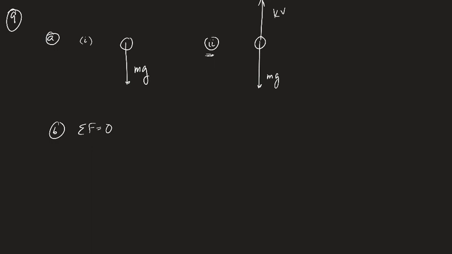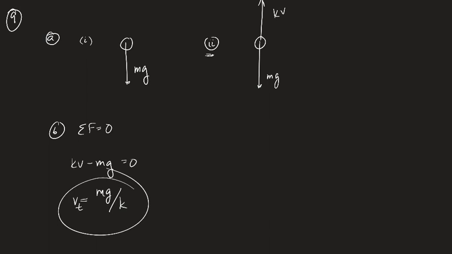You need to know that it's terminal because it's no longer increasing. Whenever something's no longer changing, that's a net force equals 0 problem. So kv minus mg equals 0, or v equals mg over k. That is the terminal velocity. I'll put a little t there to remind us that's terminal velocity.